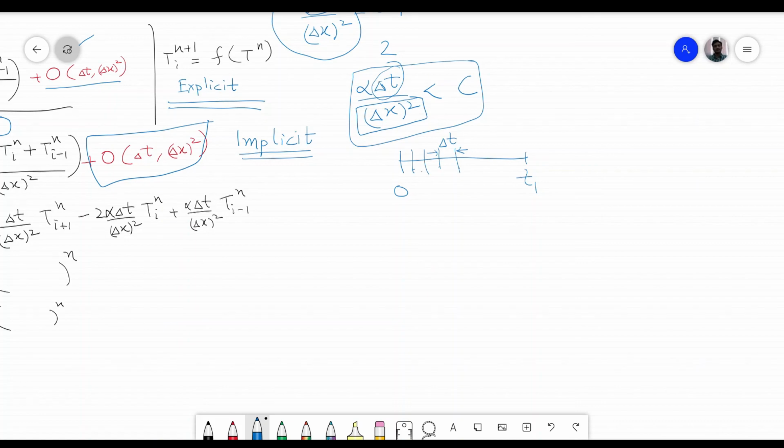So if you are refining your grid because you want a more spatially accurate result, because we have discussed that if delta x is smaller, you get more accurate results, if you want to decrease the order of error in space, then you also need to decrease your delta t. That is what you see from this formula.